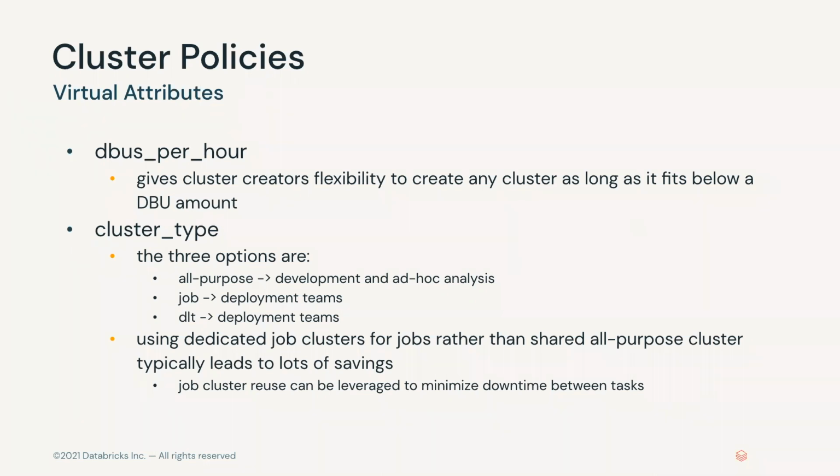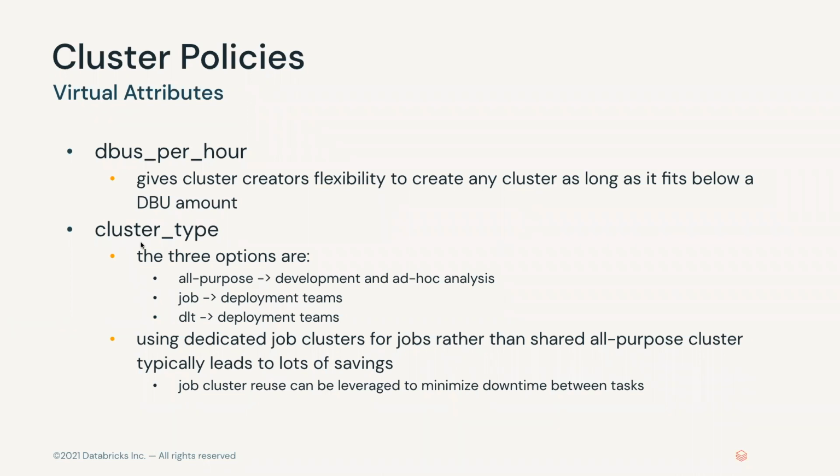And so that's a great feature of what we call virtual attributes, giving users the flexibility to have a little bit more experimentation in the clusters they can create, but we can still make sure that they only reach a certain amount of cost within the cluster that they can create.